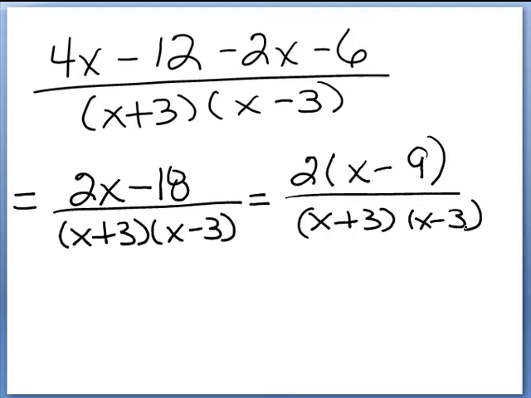I don't see any pairs that are common to the numerator and denominator that we can cancel out. Now, looking at your answer choices, let me answer that first. We do not have 2 times x minus 9, because it was not factored.